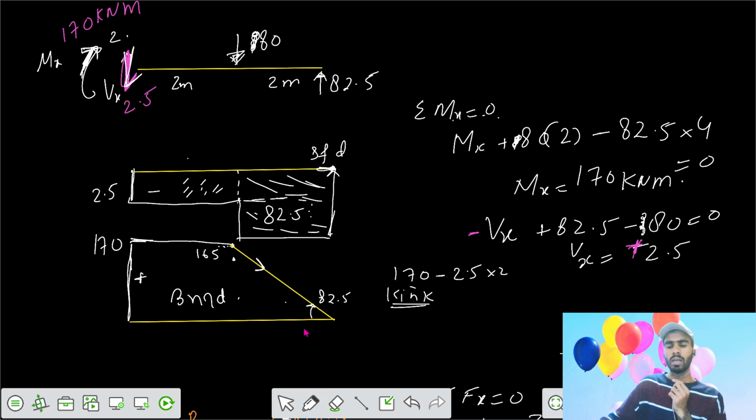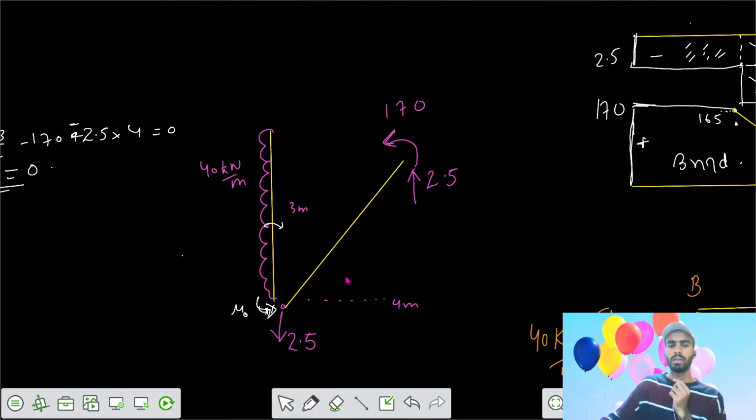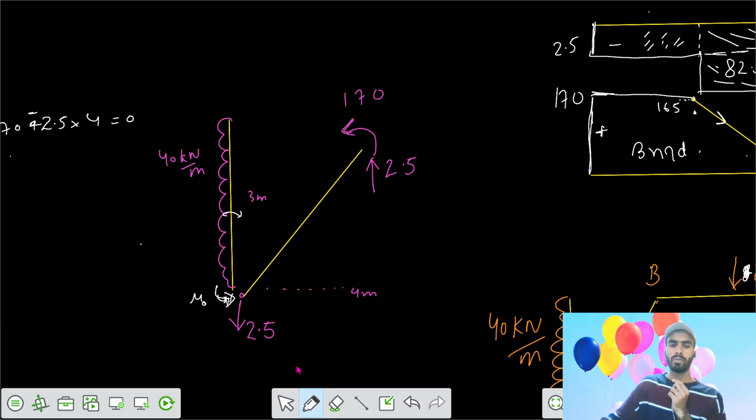for this part, but the case is that we can't get the shear force diagram directly for this part, because your member is inclined, or your loading is inclined.